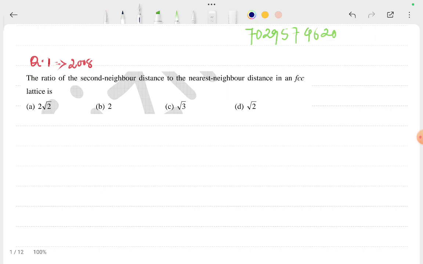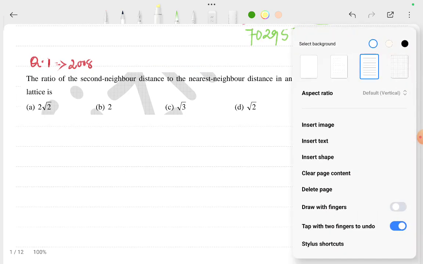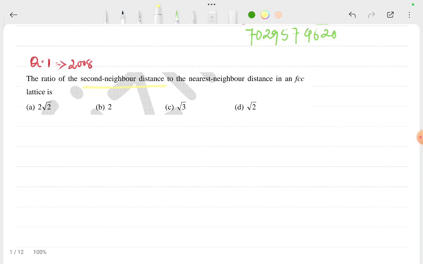In this question paper, first of all read the question. It asks for the ratio of the second nearest neighbor distance to the nearest neighbor distance in an FCC lattice.